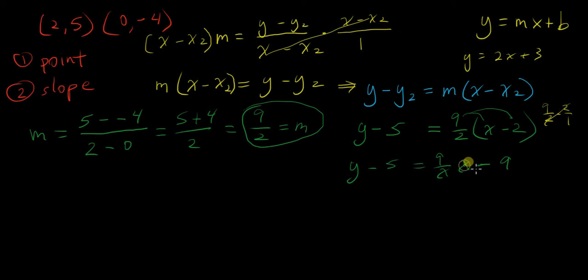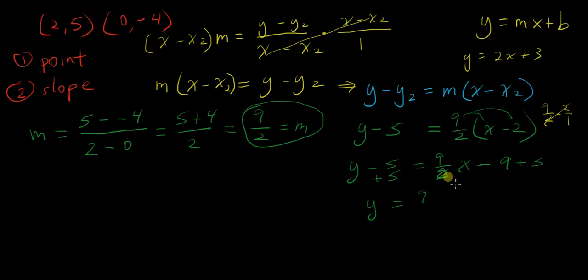Okay, we're almost where we want to be, but normally we're supposed to have only y on the left. We want it in y equals mx plus b form. So I'm going to add 5 to both sides. And we're going to get y equals 9 halves x.